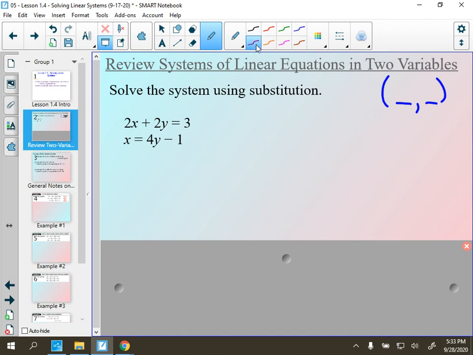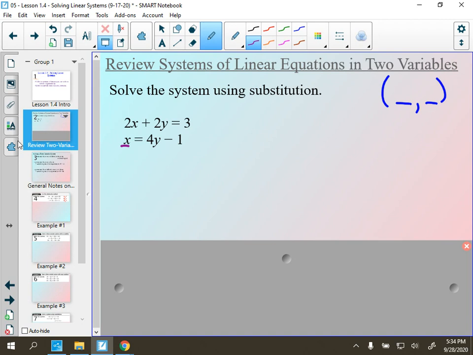So using substitution, this is a good candidate for a substitution because it has a variable all by itself, isolated on one side of an equation. This x is flying solo on the left side of that second equation. If that weren't the case, we could pick one of the four variables.